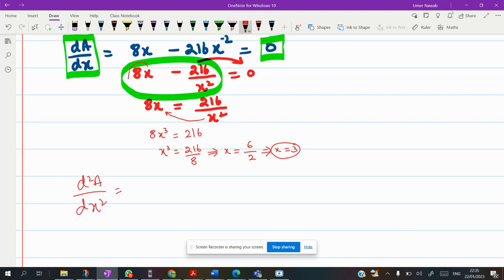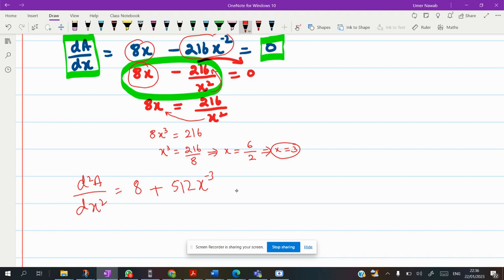What is the derivative of 8x? It is just 8. Now can I send x raised power 2 on the top, which will become x raised power minus 2? I think on the top, this one you can see and try to take the derivative. So the 8x is 8 and plus what is 216 times 2? It is 432 and x raised power minus 3.